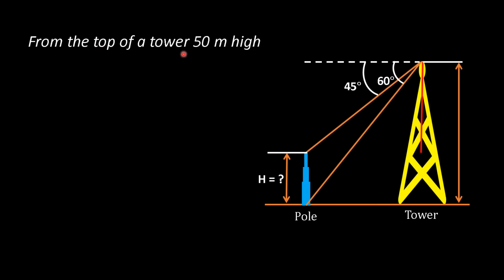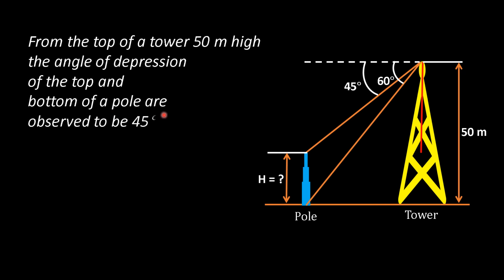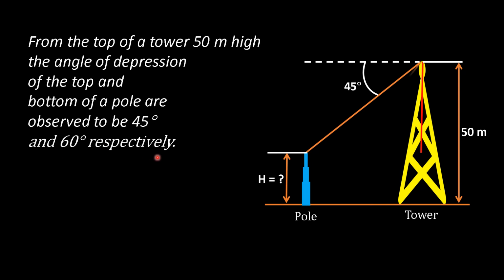From the top of a tower 50 meter high, the angle of depression of the top and bottom of a pole are observed to be 45 degrees with the top of the pole and 60 degrees with the bottom of the pole.